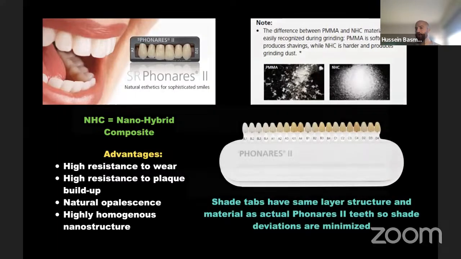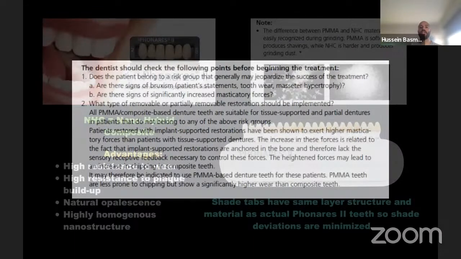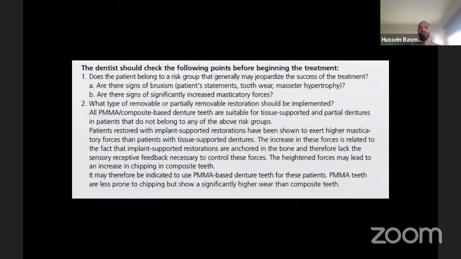We have different shades that we can ask the patient about, what kind of shade they would like to have. But what's more important is that we have to always keep in mind the implant-supported restorations have been shown to exert higher masticatory forces than patients with tissue-supported dentures. And why? Because with those patients, we removed all the PDLs, or we removed all the teeth.